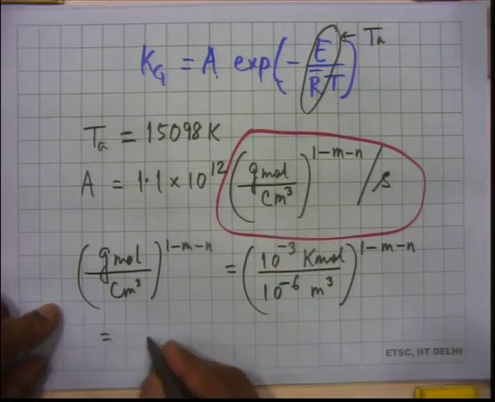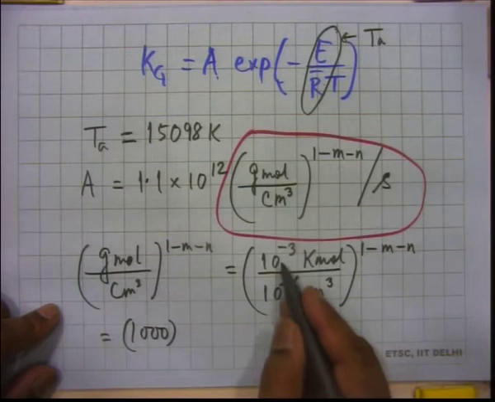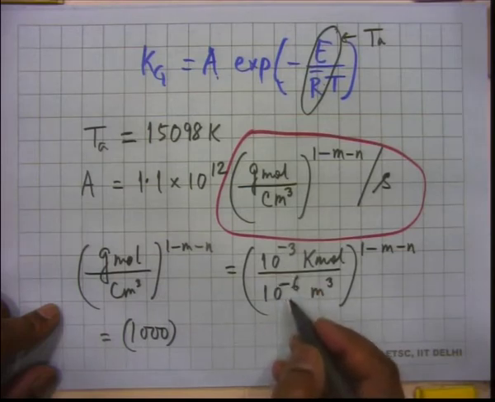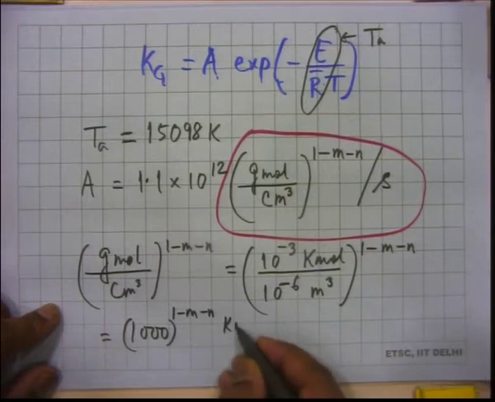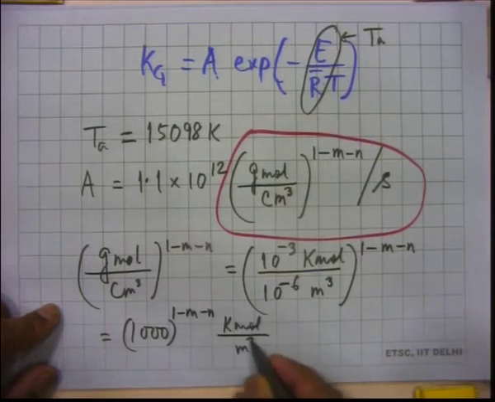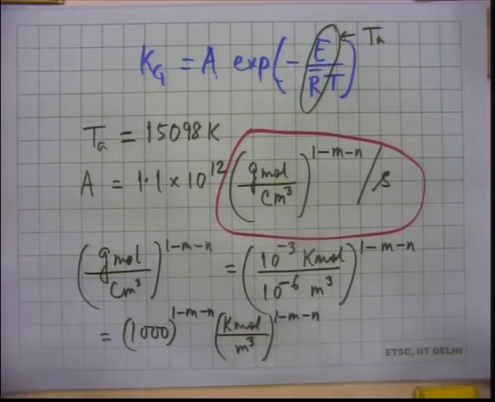So, that is 1000, because 10 to the power minus 3 over 10 to the power minus 6 will give you 1000 to the power 1 minus m minus n kilomole per meter cubed to the power 1 minus m minus n. Okay. So, we also wrote m and n yesterday. Remember what those are?